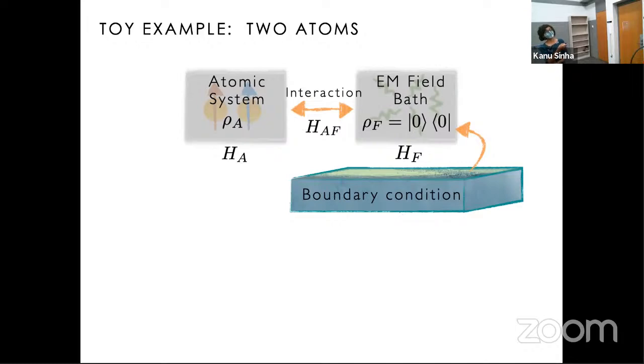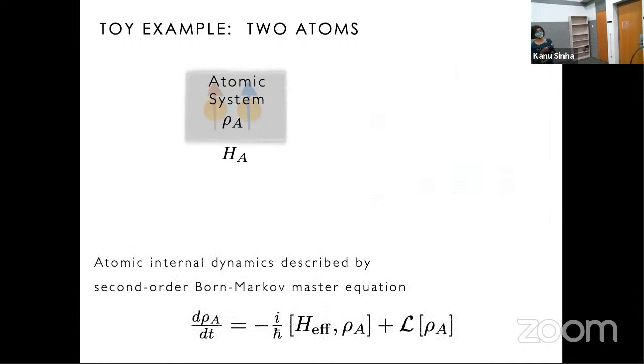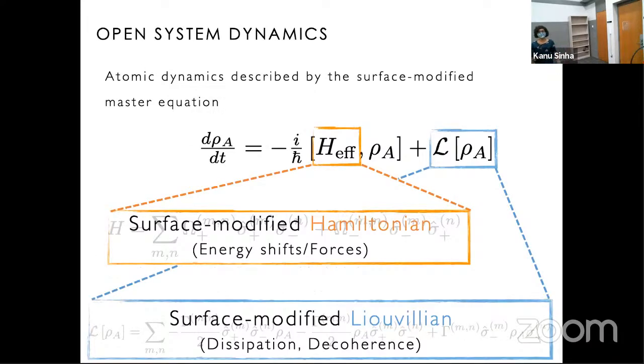And in this picture, we can trace out the bath to arrive at the reduced system dynamics for the atomic subsystem in the form of a master equation, like so. And this master equation now contains all the effects of the environment. And I should also mention that while in the toy example, I just drew 2 atoms, the formalism applies to the system of multiple atoms, including drive and correlations and everything.